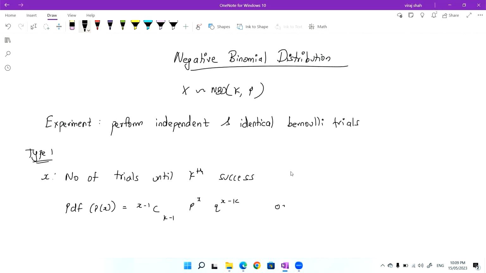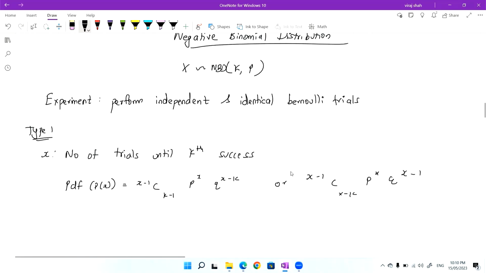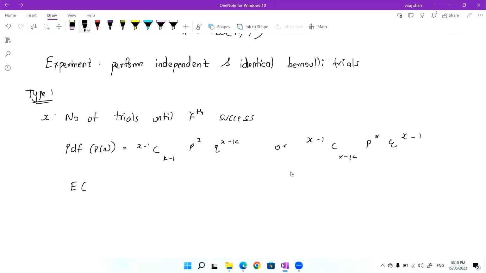Or this formula can be written as x minus 1 choose x minus k, p raised to k, q raised to x minus k. These are the two ways it can be written. The expectation is nothing but k upon p. The variance is nothing but kq by p square.